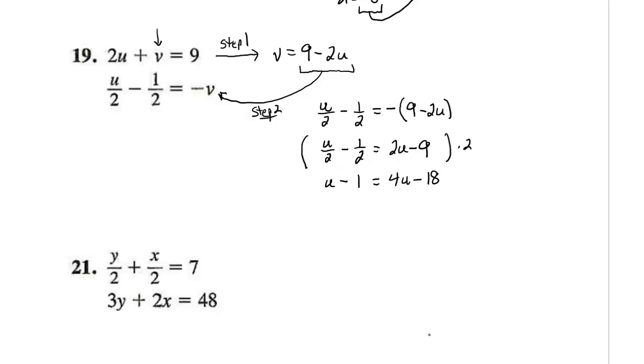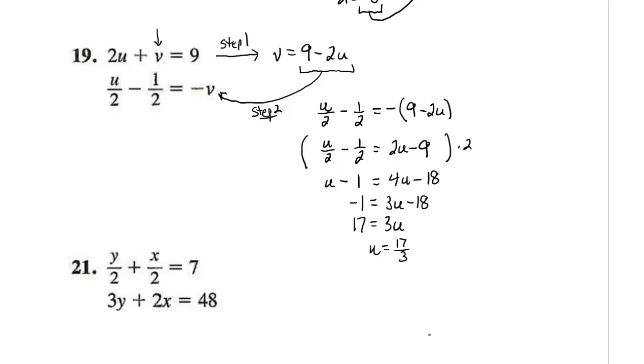Now subtract u from both sides. Now it's 3u minus 18. Now add 18 to both sides. 17 equals 3u. And now divide by 3. 17 thirds.